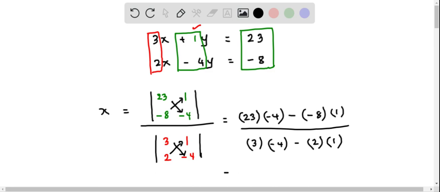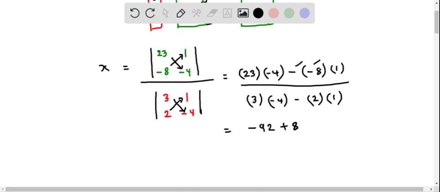Let's simplify this. And so this equals 23 times negative 4 is negative 92. And here we have a product of 2 minus, which is plus. So 8 times 1 is 8. And then this is divided by 3 times negative 4 is negative 12. And then we have minus 2 times 1 is negative 2.